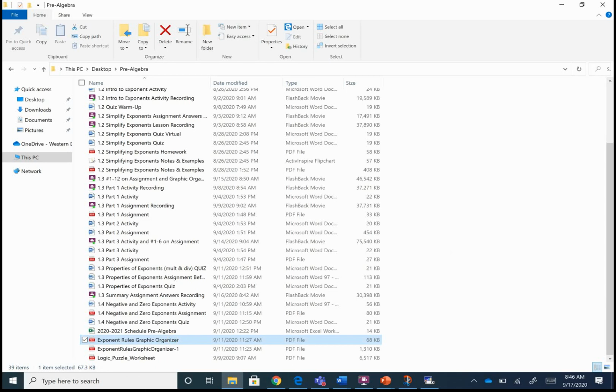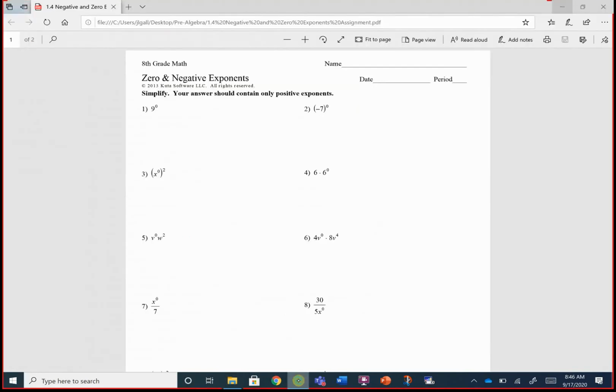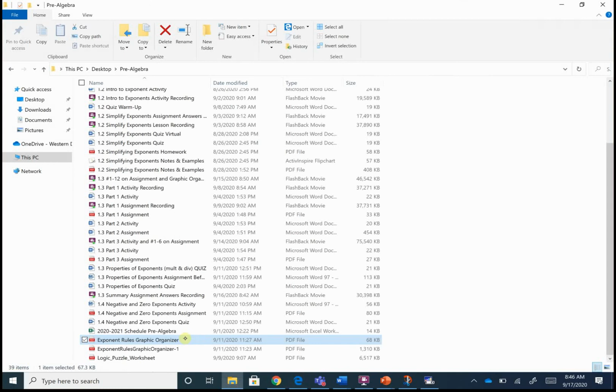What do you think? Which one is it? This one or this one? How do we figure this out? This guy just told you. You have a negative exponent. What do you do? You flip it. Put a 1 down on top. Mine doesn't want to open for some reason.